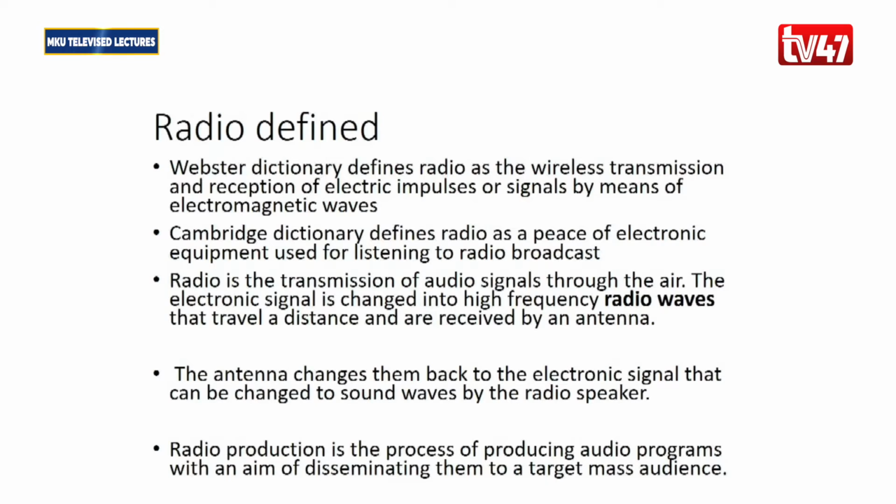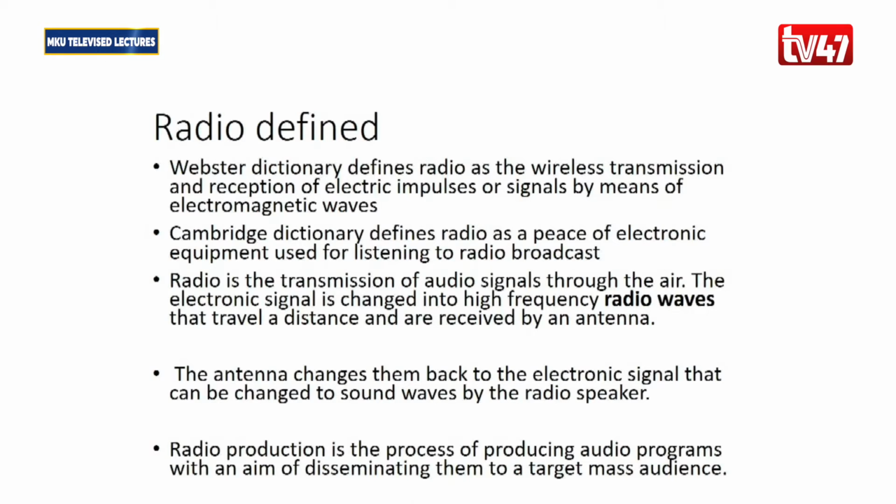So that device that you are using, be it the radio set itself, has the capability of changing these electronic signals into audio, into sound, so that we can understand.